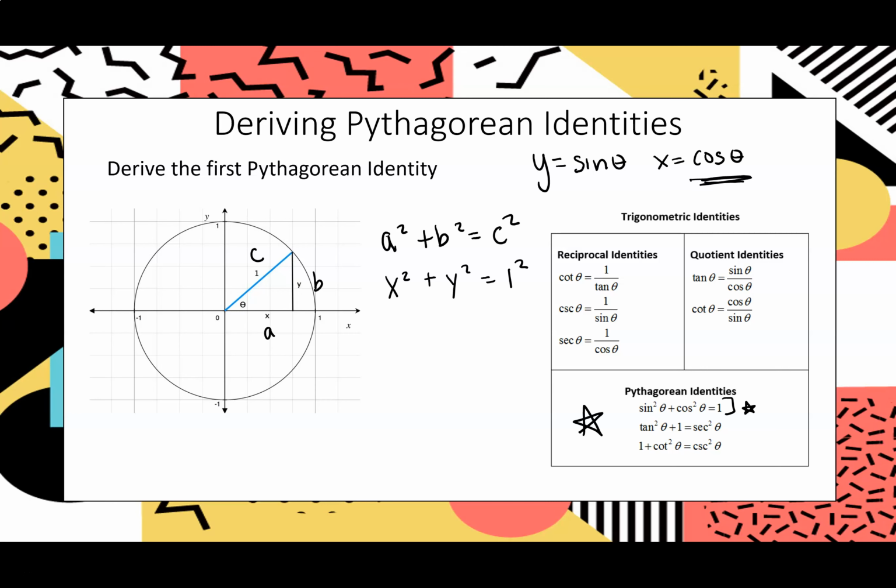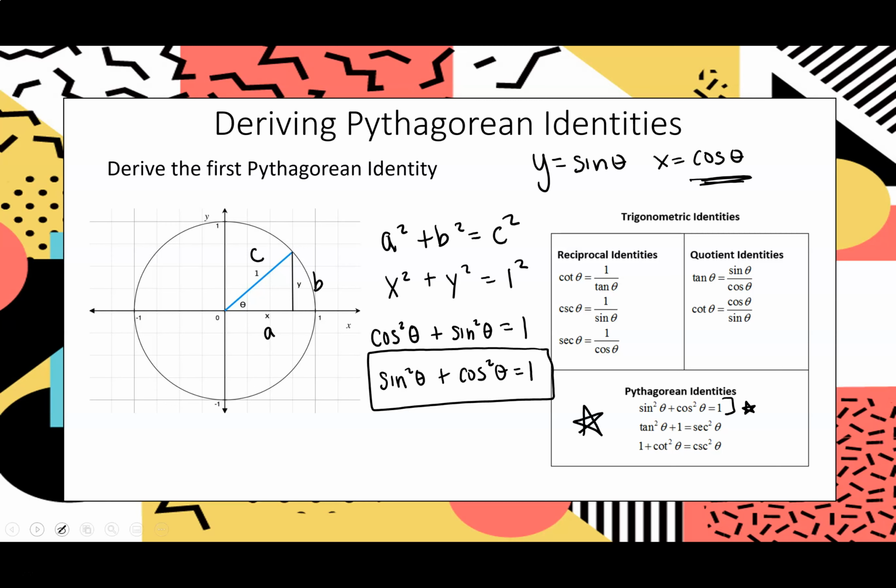It's cosine theta, so cosine theta times cosine theta is cosine squared theta. Then plus my y squared, which is sine theta times sine theta, which is sine squared theta. And of course, 1 squared is simply 1. I'm just going to rearrange this because out of tradition we put sine first, so it's sine squared theta plus cosine squared theta equals 1.